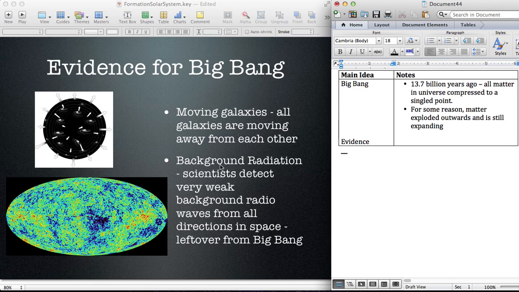So, if we were to look 13.7 billion light years away, light from there will have taken 13.7 billion years to reach us. So any light from that far away should be light from the beginning of the universe. And it turns out, if we look 13.7 billion light years away, that is exactly what we find. Right? It's very weak because it's coming from so far away, but it's from all over the sky. We have this weak background radiation from all over the sky coming from 13.7 billion light years away, which indicates that there was some explosion that happened then.